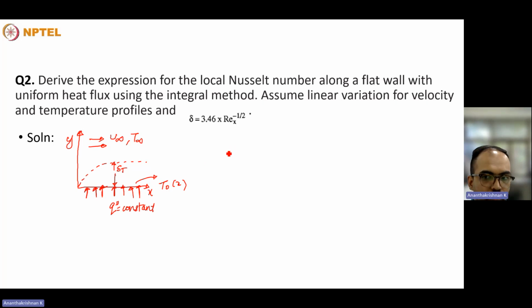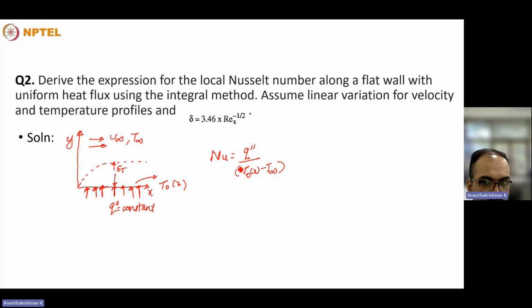In this problem, we need to calculate the Nusselt number. So the Nusselt number can be written as heat transfer coefficient into characteristic length divided by thermal conductivity. Equivalently, since it's a constant heat flux condition, the heat transfer coefficient can be written as q double dash divided by T surface temperature minus T far away from the wall.